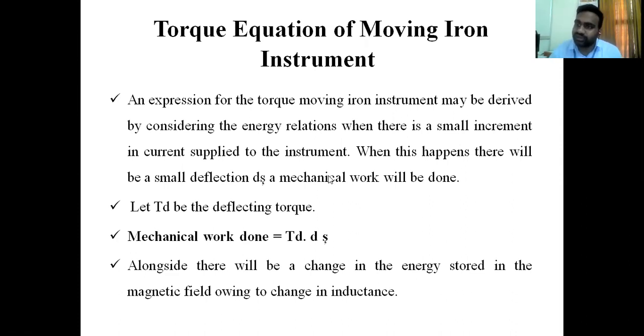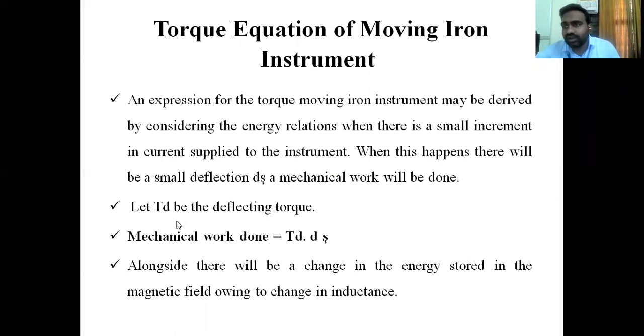As per the law of energy conservation, energy can be neither created nor destroyed; it is just converted from one form to another. Here also the same thing is happening. The electrical current or voltage is converted into magnetic flux, and we utilize that magnetic flux, which is again converted into mechanical work done. So that is what is happening here.